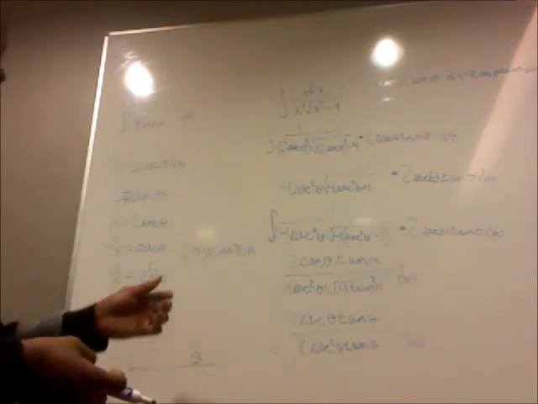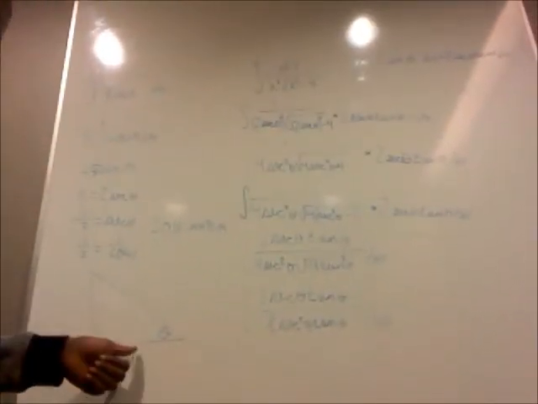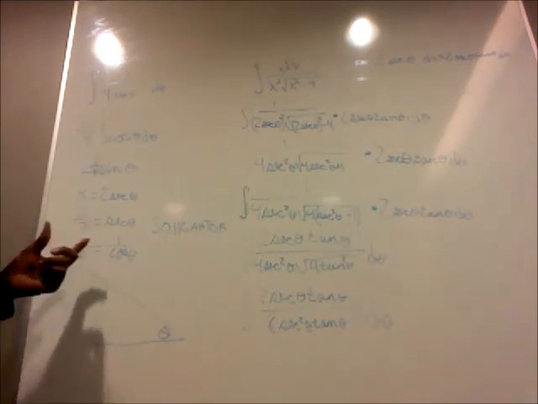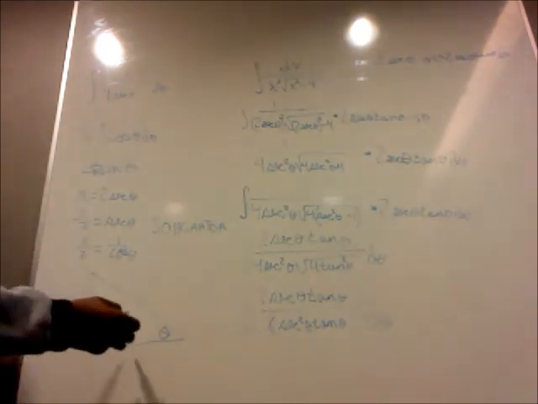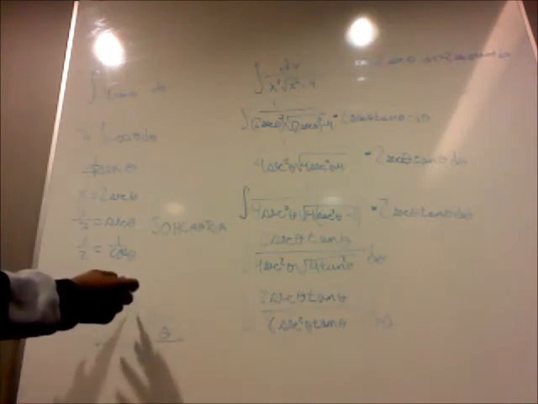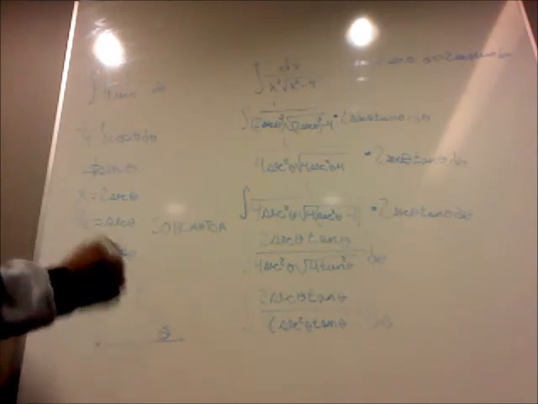And so we know that cosine is equal to adjacent over hypotenuse. But since we have 1 over cosine, it's going to be the opposite. So now, instead of having x over 2, you're going to have x on the hypotenuse and 2 on the adjacent, because it's 1 over cosine.